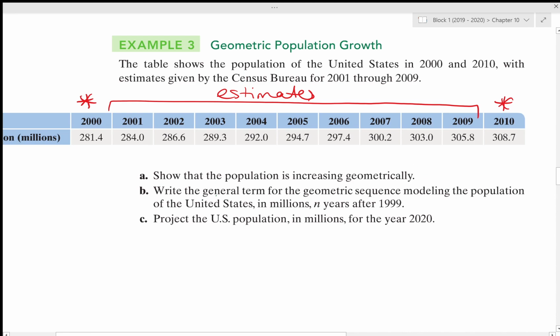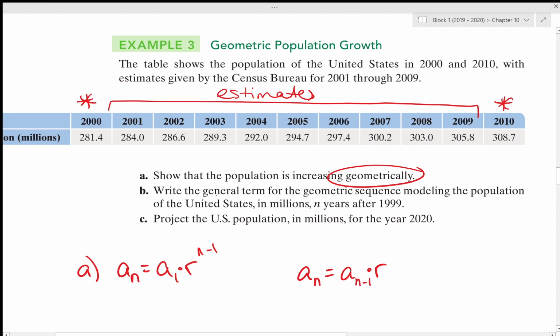geometrically. Well, if it was geometrically, then I would be able to find any term by taking the first term and timesing it by r to the n minus 1, right? That's the general term. Or I would be able to take any number and find it and take the previous one and times it by my common ratio, right?